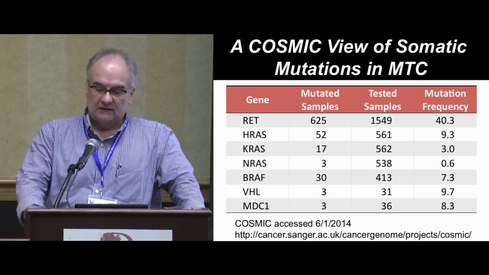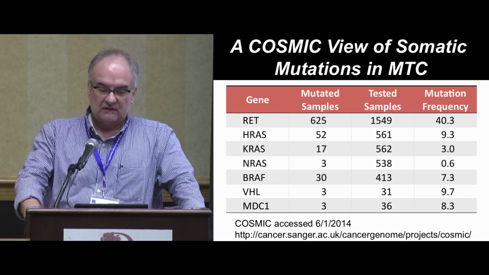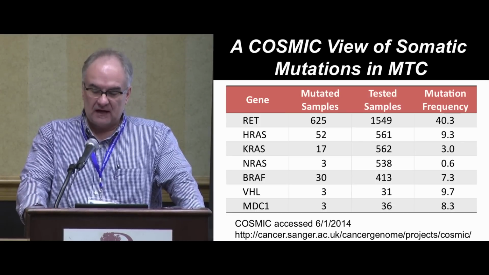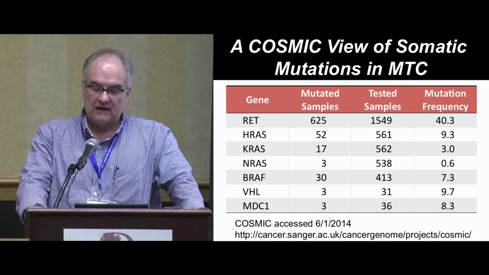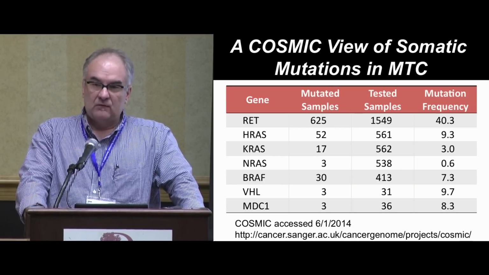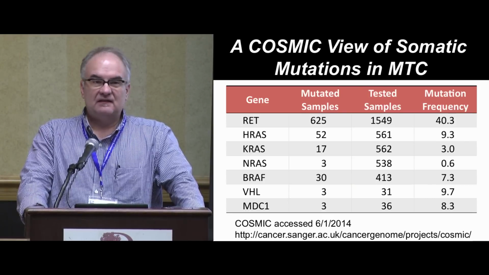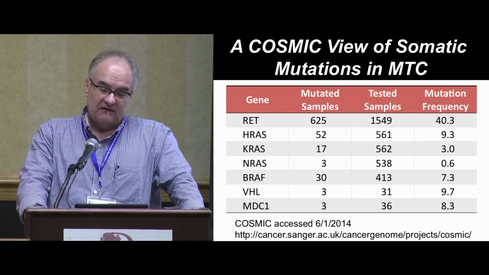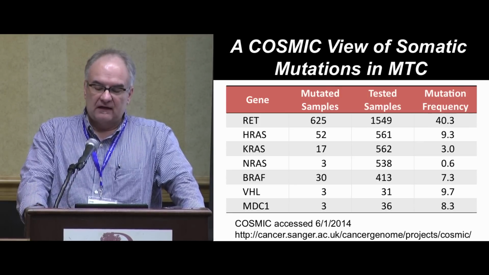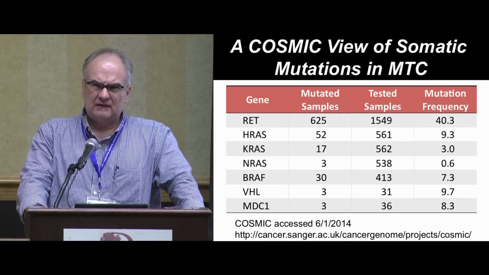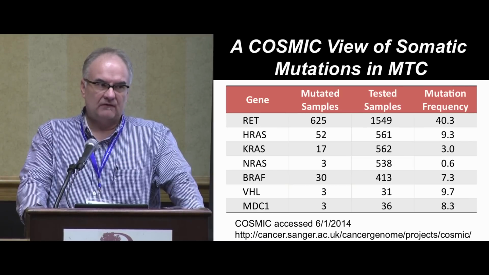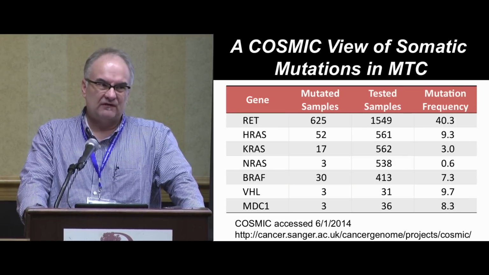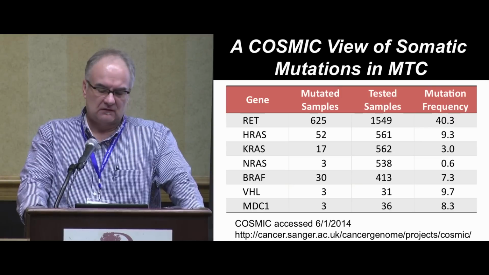But what you find is 10% of it, 9.3% HRAS, 3% KRAS, not quite 1% NRAS. BRAF, for those of you that have been attending the papillary, you heard about BRAF. BRAF have been found in about 10% of tumors, but there's a caveat here that a lot of us that do research wonder if this is a true finding or not.